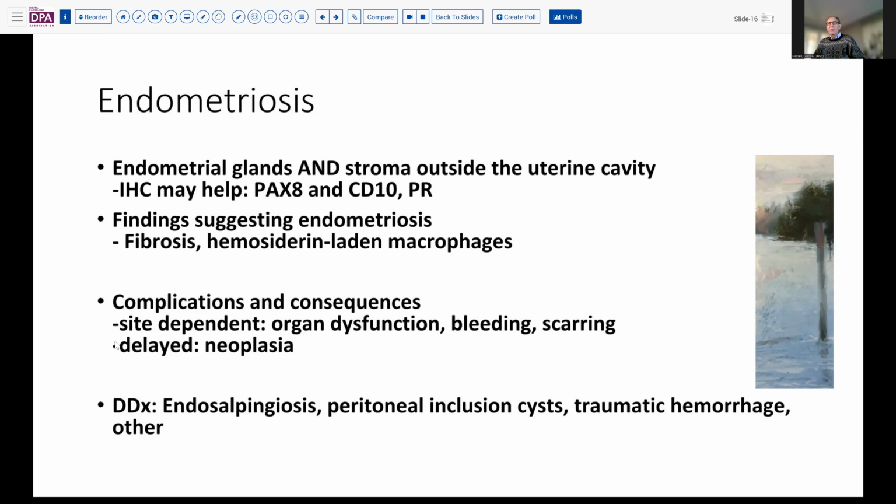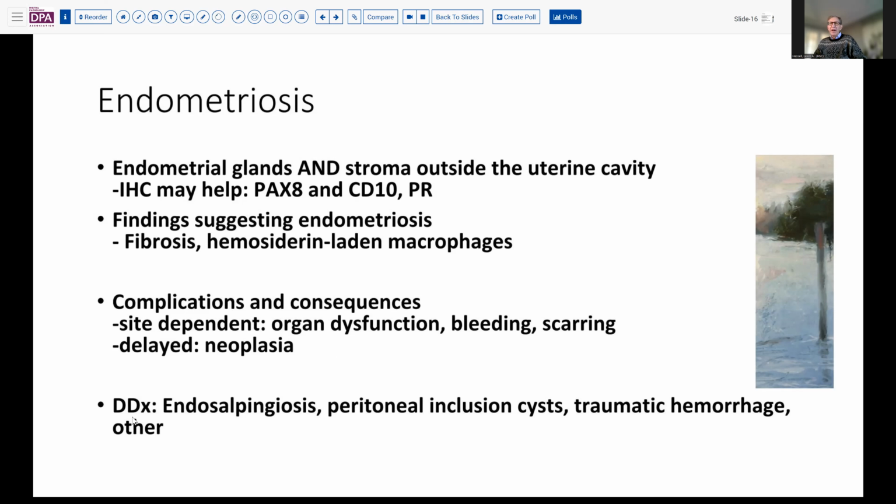And as endometriosis is widespread or in the wrong location, certainly neoplasia can occur in endometriosis. The development of various endometrioid-type cancers can arise in consequence of endometriosis over the long term.